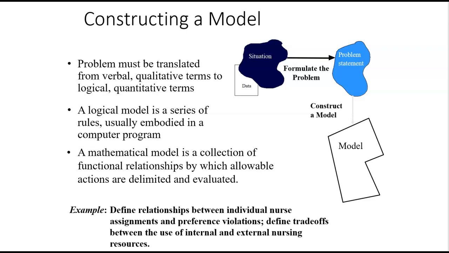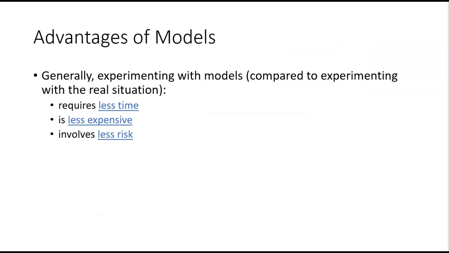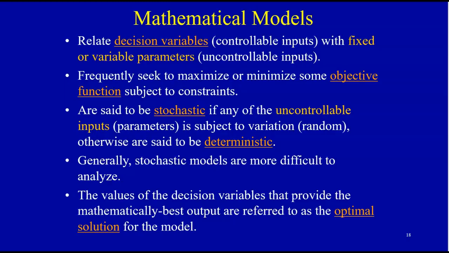And there's my nursing example down below. Now, the advantages of modeling is that it generally requires less time, it's less expensive, and we get a better decision right off the bat, so there's less risk involved.